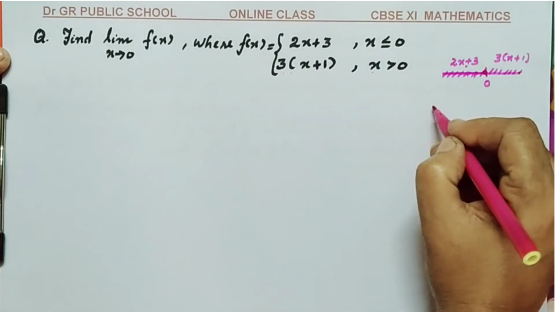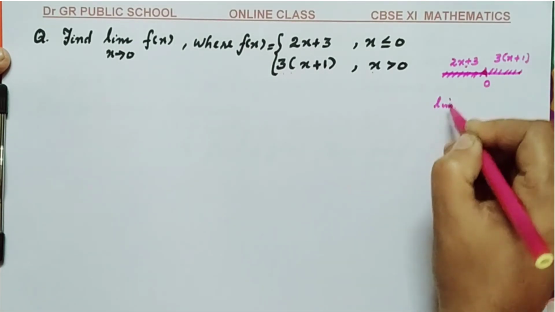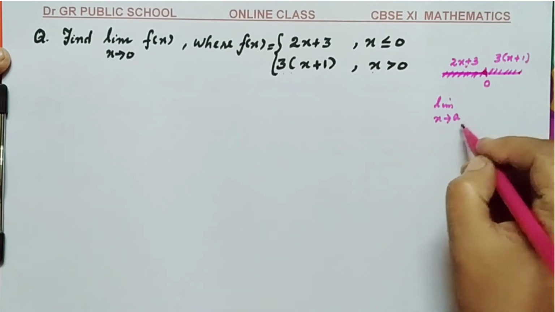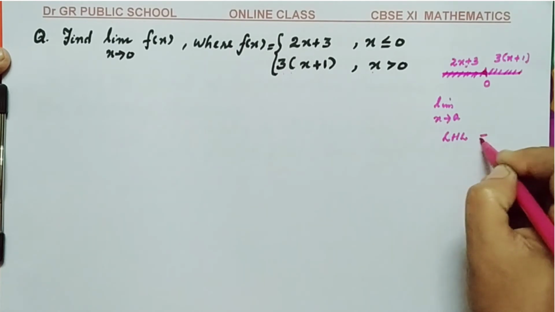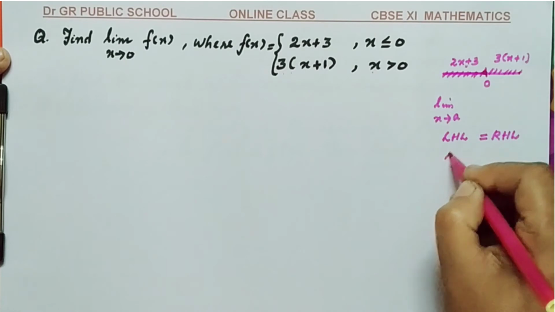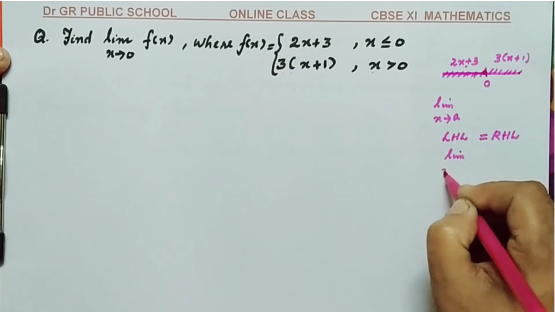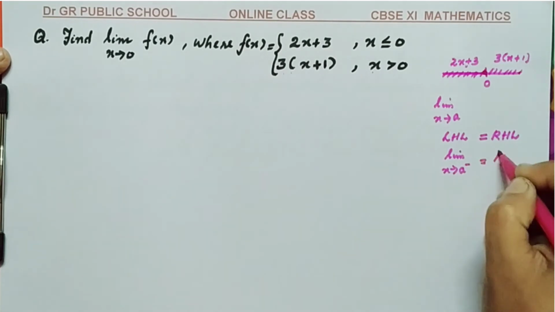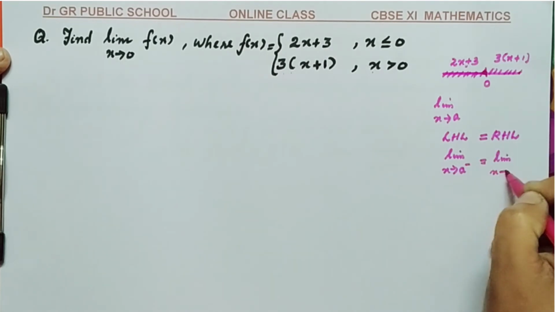But in the last class you studied that to find the limit of a function at the point a, you know that the left hand limit at the point a must be equal to the right hand limit at the point a. You know what the left hand limit means: limit x tends to a minus, and that should equal limit x tends to a plus.